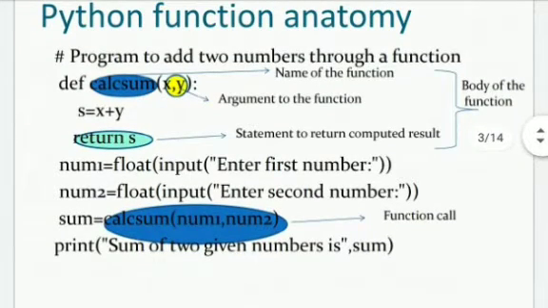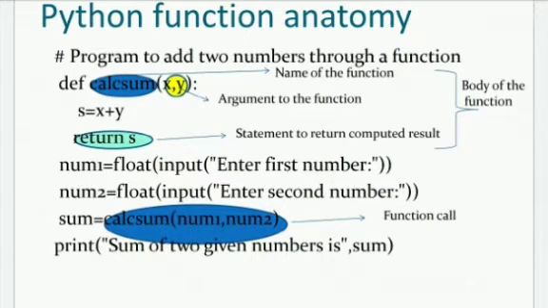It starts with def. Def is used to define a function. Here the function is calcsum. To add two numbers, we are defining a function calcsum and we are asking two numbers from the user.